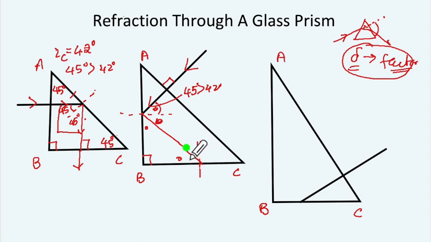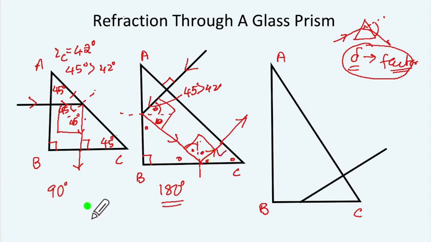Draw the normal over here, it is going from denser to rarer medium. This is 45, again this is going to be greater than 42 degrees, so it will get reflected in the same medium, so you will have total internal reflection taking place. This is 45, this is 45, this is 45, this is 90, and it will emerge undeviated. What is the total deviation? Here 90 degrees and here 90 degrees, so we have 180 degrees as the deviation produced in the ray of light. Here it is 90 degrees out here.